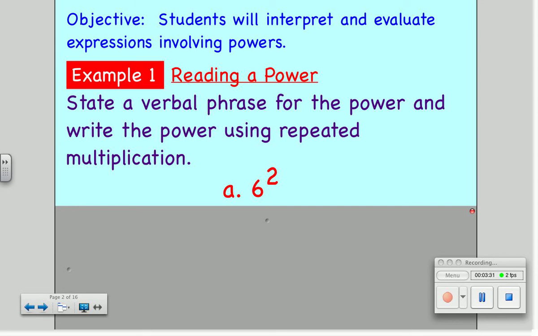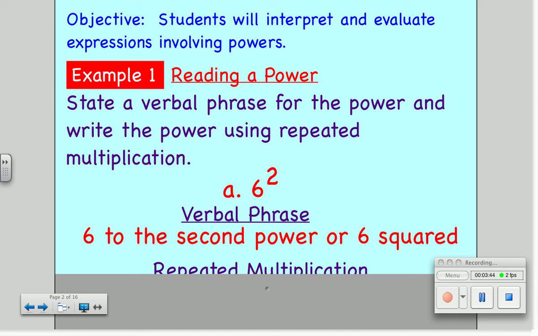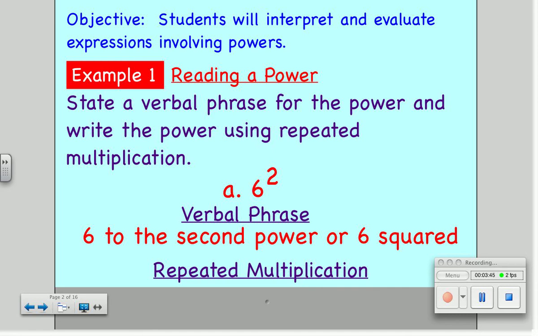So letter A, 6 to the power of 2. Or 6 to the 2nd power. Verbally, 6 to the 2nd power. And if you remember from last year, you can also call the 2nd power squared, or 6 squared. And as repeated multiplication, what does that look like? Well, how many times are we multiplying the 6, right?